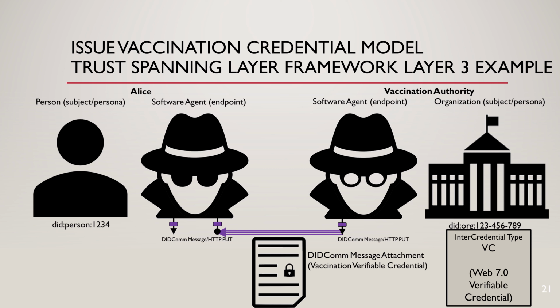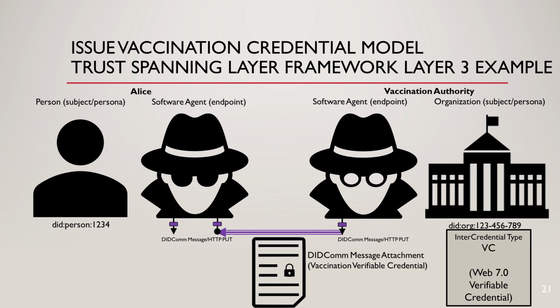Here's another example, issuing a vaccination credential. We have the vaccination authority on the right, a health services organization or an HMO or some sort of government organization, issuing a vaccination credential represented as a verifiable credential, blood type VC, and that's received by Alice.